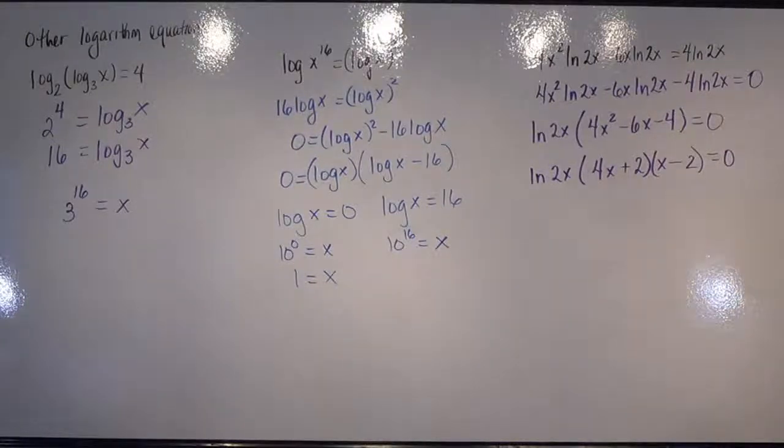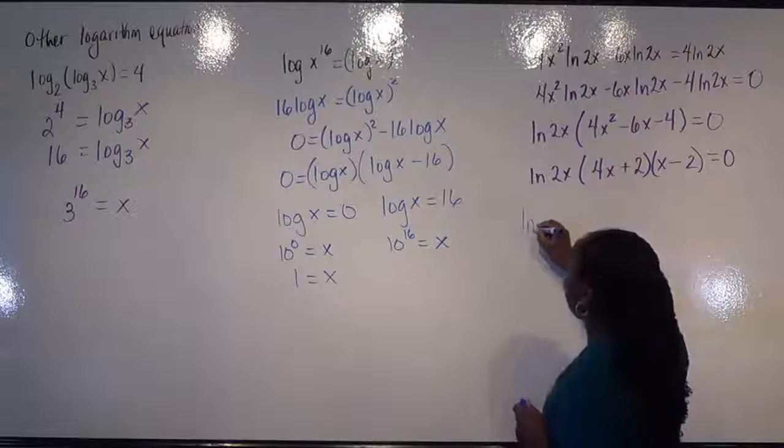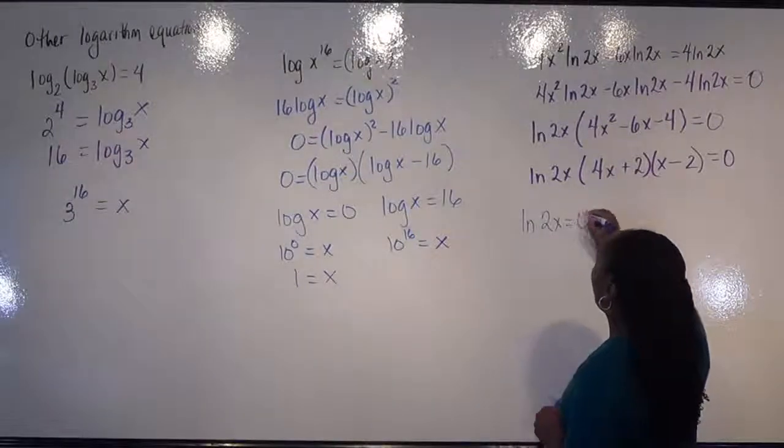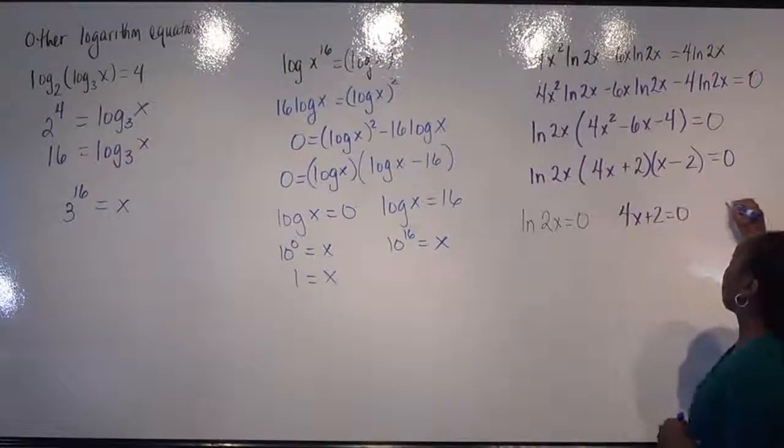So there would be our factored form of our equation. Okay? And again, the reason I don't want to just eliminate the ln of 2x is because now I can see in the zero product, I need to solve for that part of the equation.